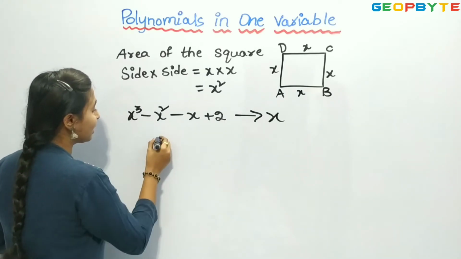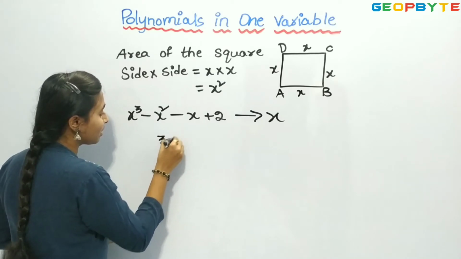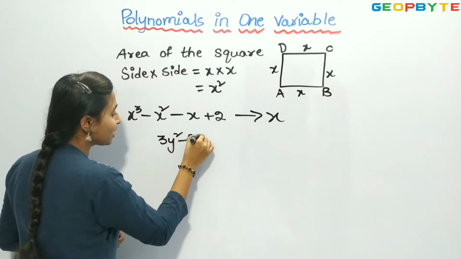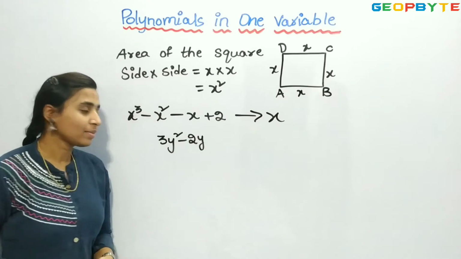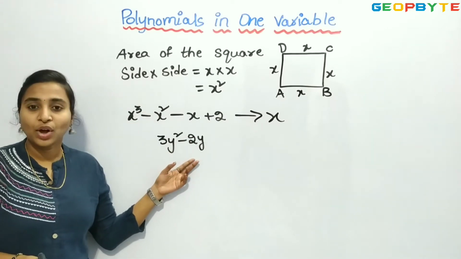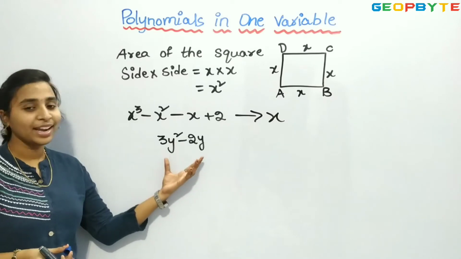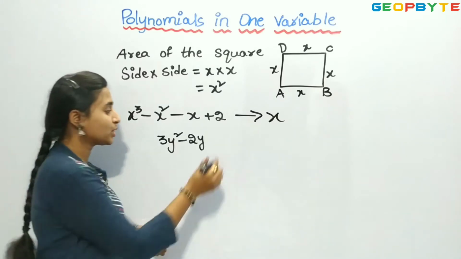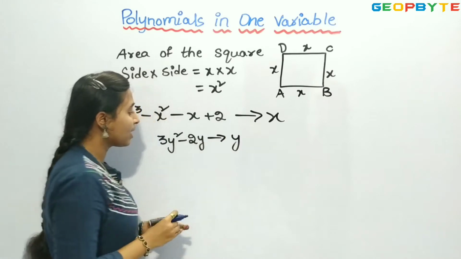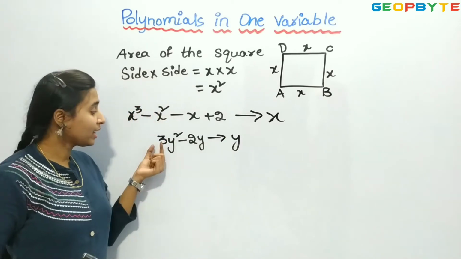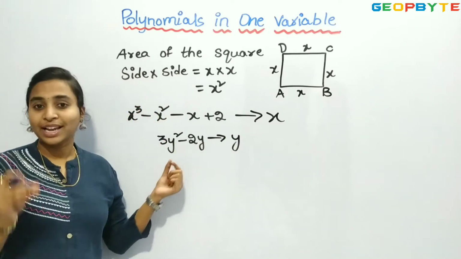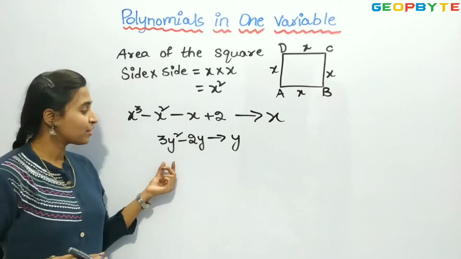And let me take 3y² − 2y. This is a polynomial having only one variable, which is y. I have also constants, but in variables I have only y.